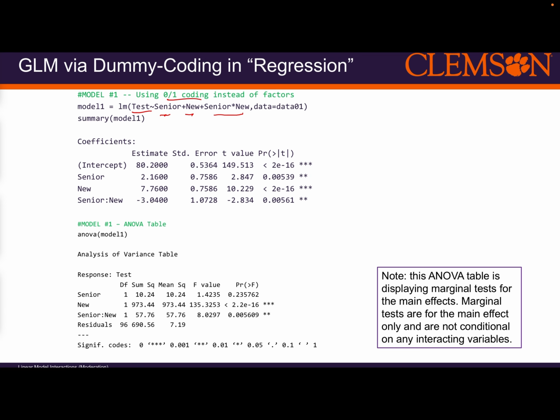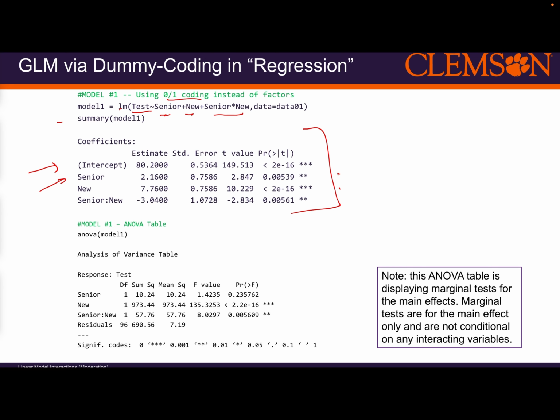I then run the model in R using the lm function, and I use the summary statement to get the coefficient table output. My coefficient table shows an intercept of 80.2. That represents the average score when all the predictors are 0. So that's the average score for a freshman in the old curriculum. And then you can see the conditional main effect of senior. That is the change in the average score.